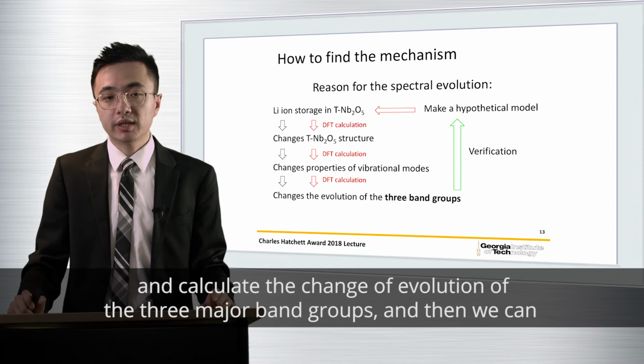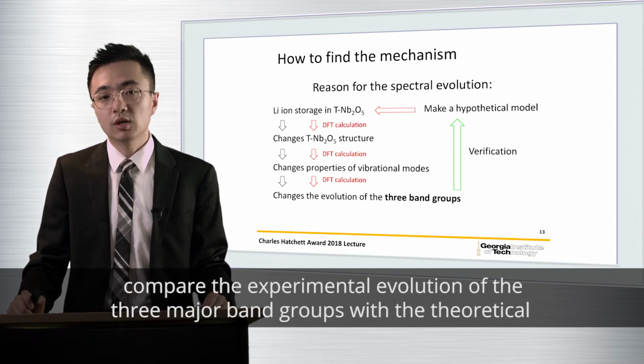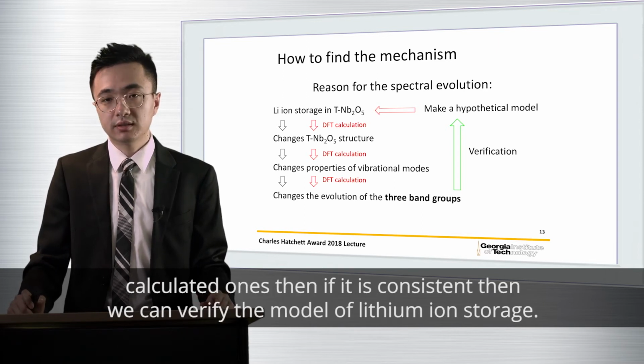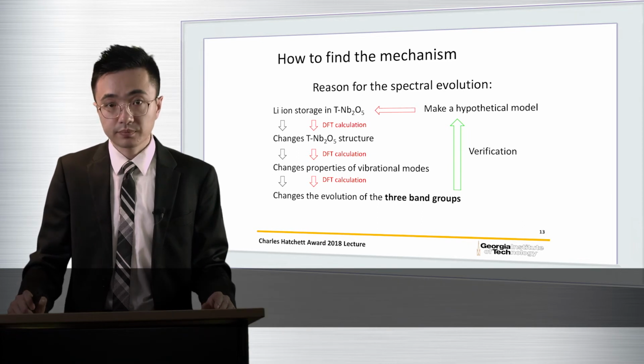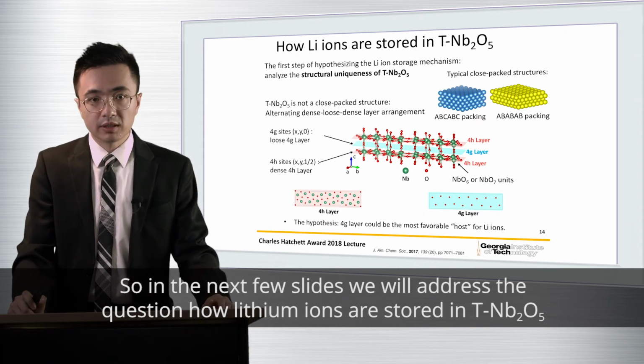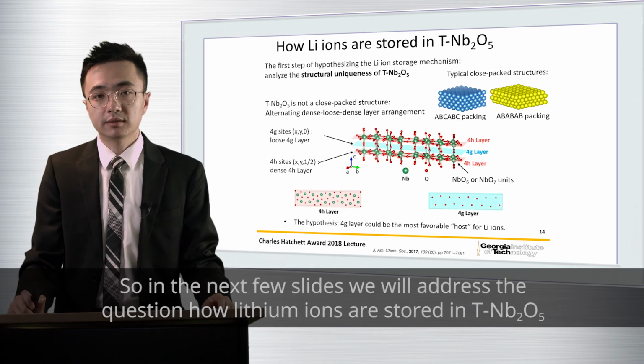And then we can compare the experimental evolution of the three major band groups with the theoretically calculated ones. Then if it is consistent, we can verify the model of lithium-ion storage. So in the next few slides, we'll address the question of how lithium ions are stored in T-niobium oxide.